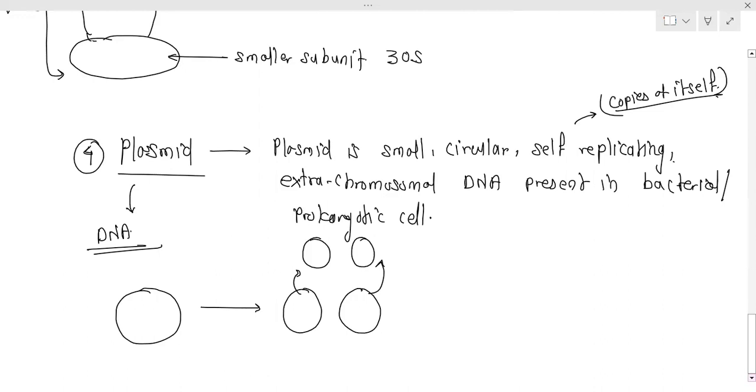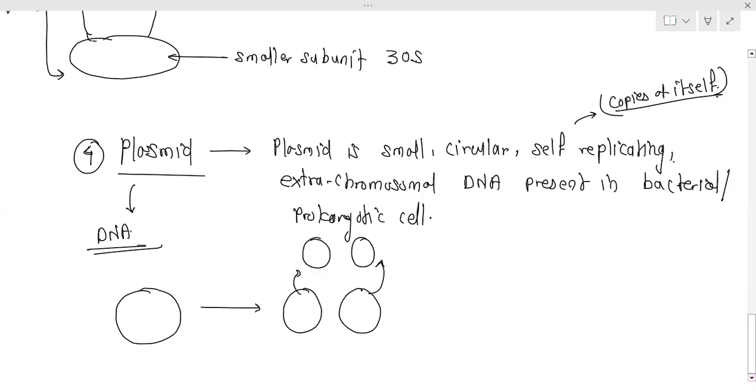That property is called self-replicating. One bacterium, Vaibhavi, can maintain hundreds of plasmids, literally. We will learn that in biotechnology more.